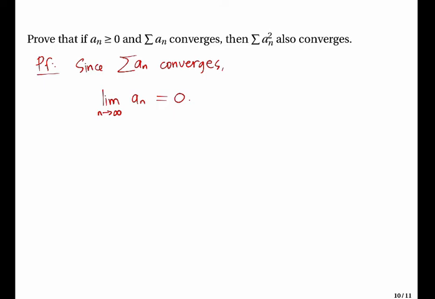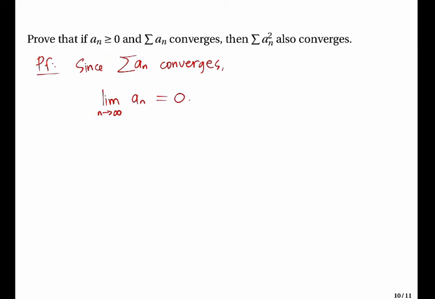Okay? Now, if the limit of a n as n approaches infinity is equal to 0, at some point, starting from some positive integer k, the terms will be less than 1/2. Actually, what we need is just that the terms will be less than 1.